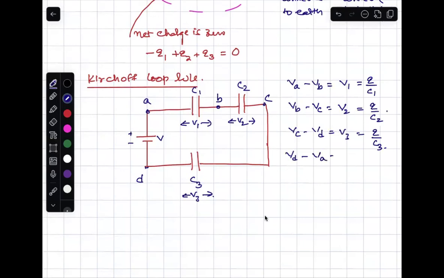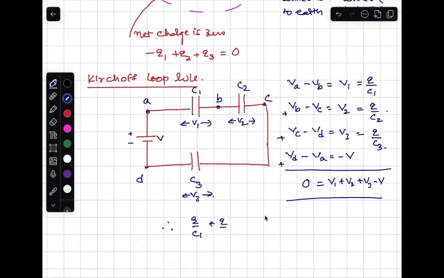VD minus VA is minus V. Why is it minus V? Minus to plus, you are right. So now the loop is closed. You take the sum of all these, you get 0, which you write as V1 plus V2 plus V3 minus V, and therefore Q by C1 plus Q by C2 plus Q by C3 minus V is equal to 0. This is the loop rule which you will apply.